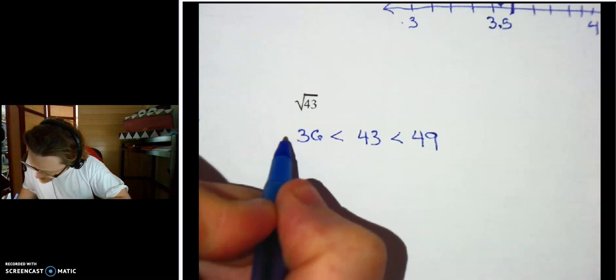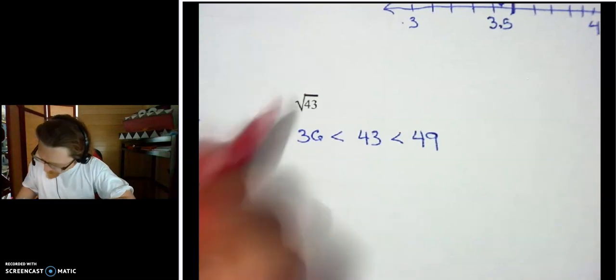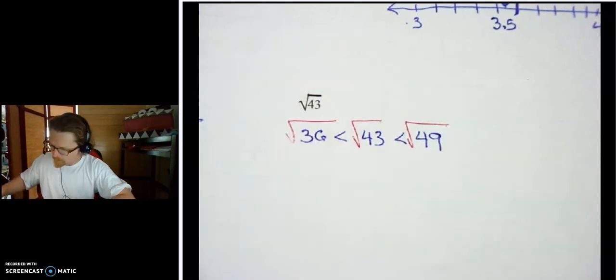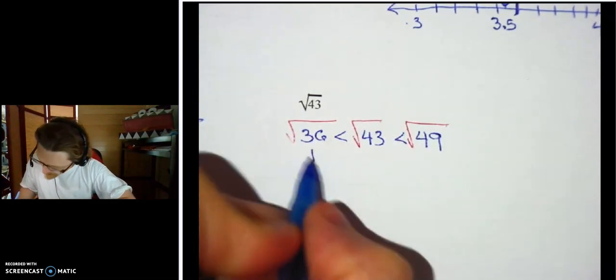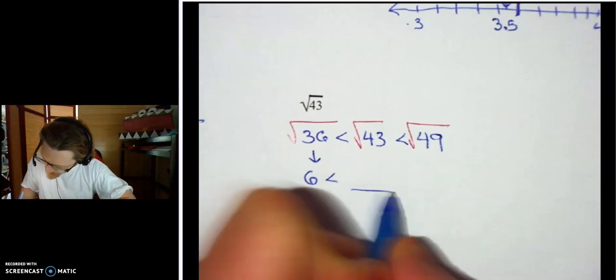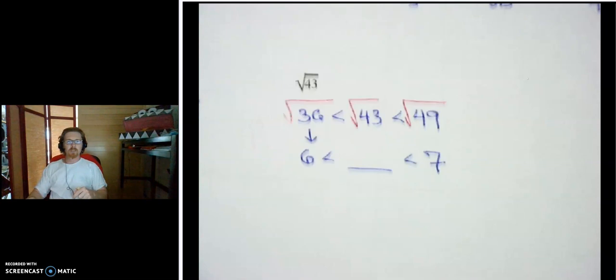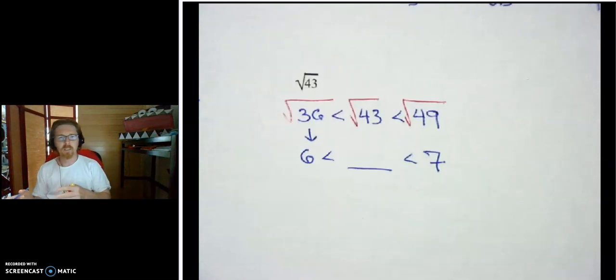So if I take the square root of 36 and the square root of 49, I get 6 and 7. So I know that the square root of 43 is somewhere between, I'm sorry, between 6 and 7.